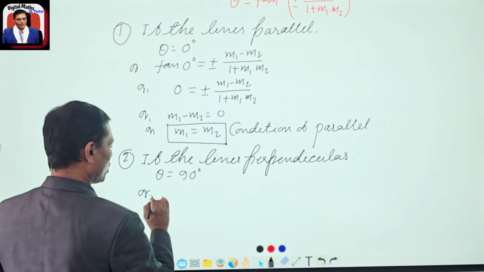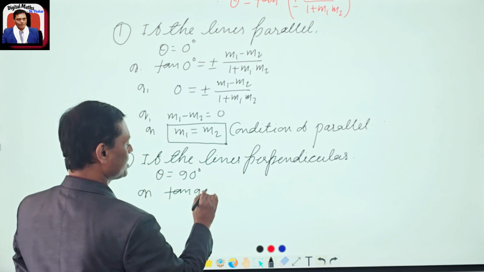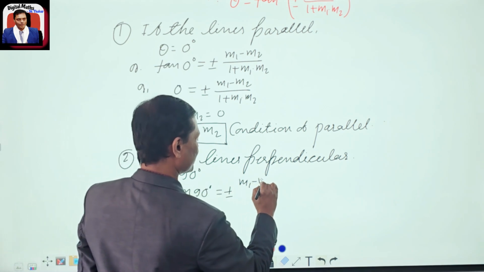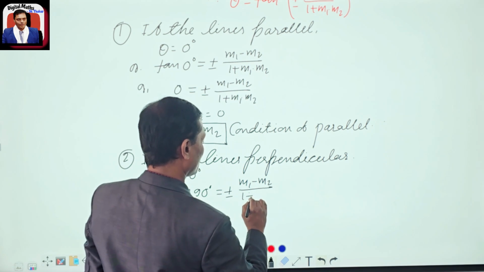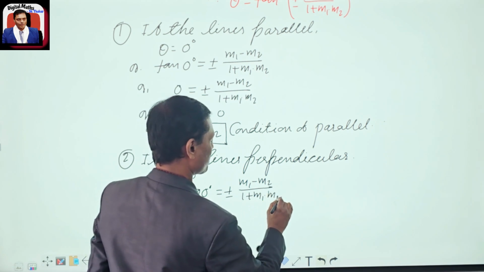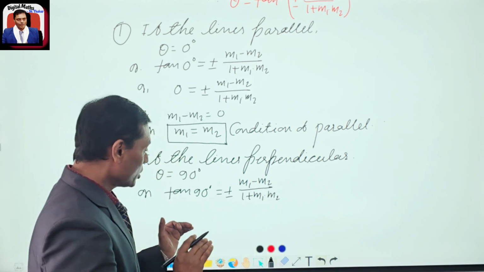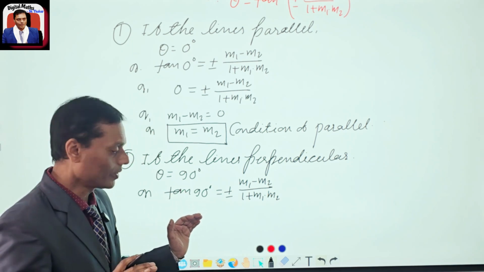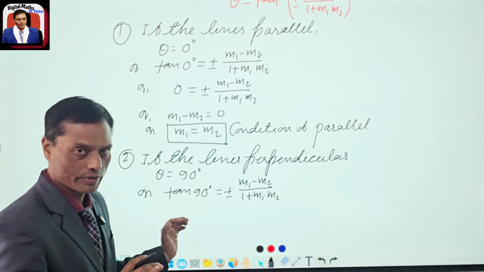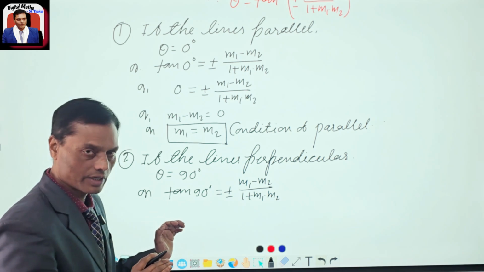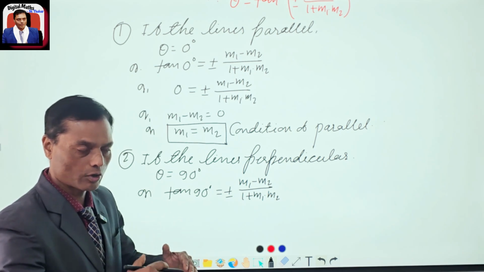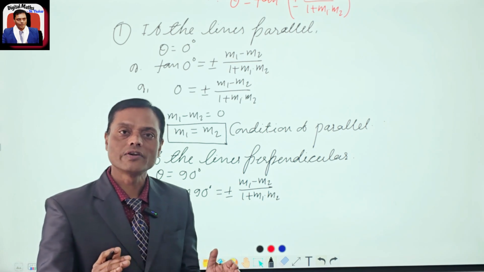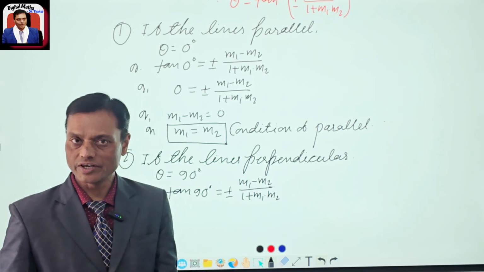Now we can write tan 90 degree equals plus minus (m1 minus m2) over (1 plus m1 dot m2). We know the value of tan 90 degree is infinity. We are not going to write infinity directly, because infinity times any number is infinity, and infinity minus any number is infinity only, so our way will be blocked.